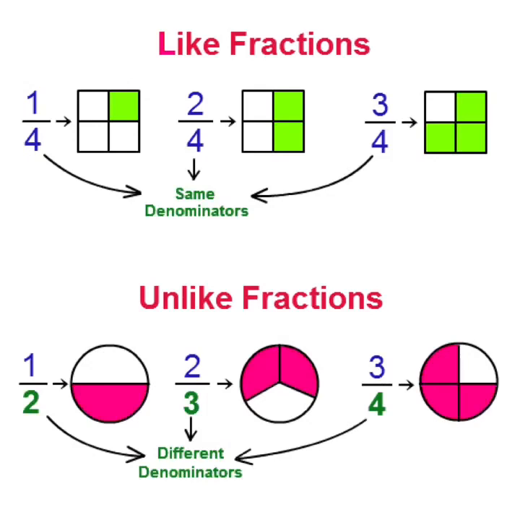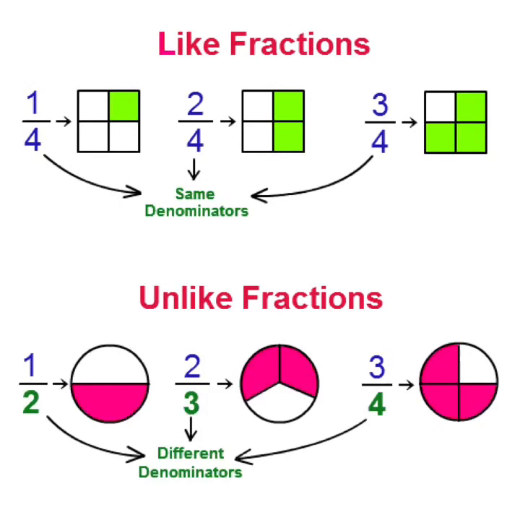But in another picture you can see 1 by 2, 2 by 3, 3 by 4. That means the whole is the same, but it is divided into different equal parts. That is, the first one is divided into 2 parts, the second into 3 parts, and the third one into 4 parts.